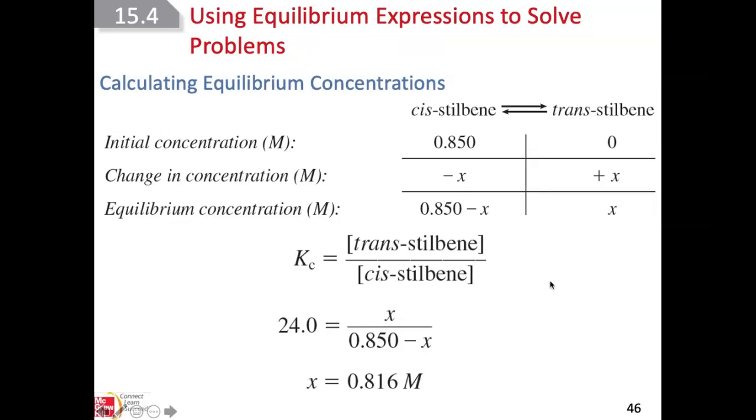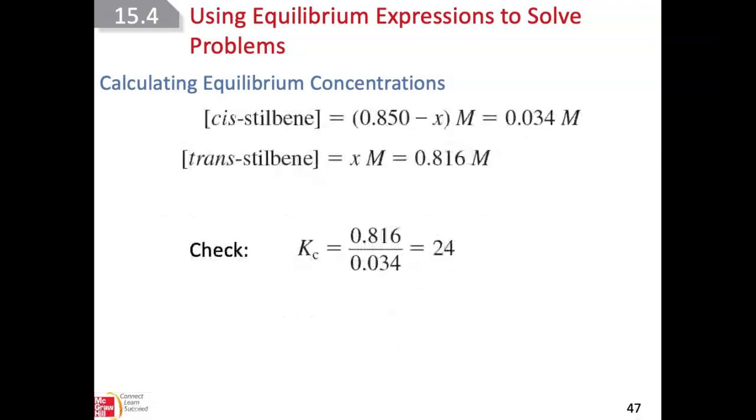So at equilibrium, the concentration of the product, which is X, is 0.816. You can also find the equilibrium concentration of the reactant: take 0.85 minus 0.816, and that's what we have.